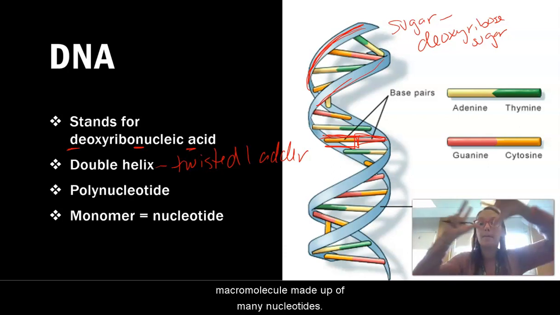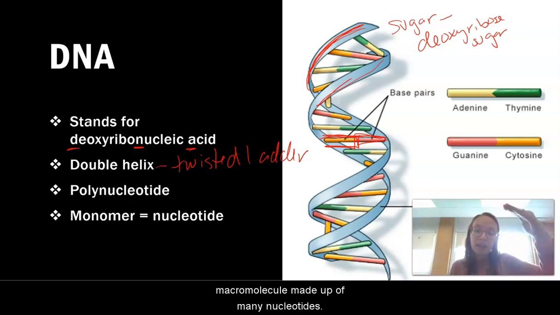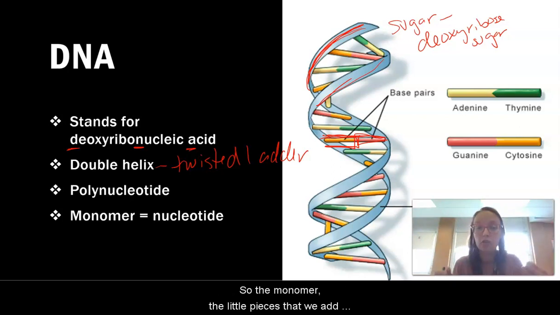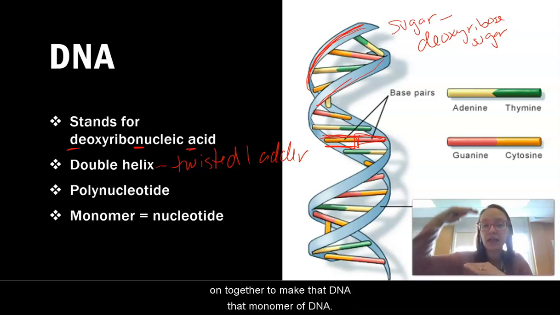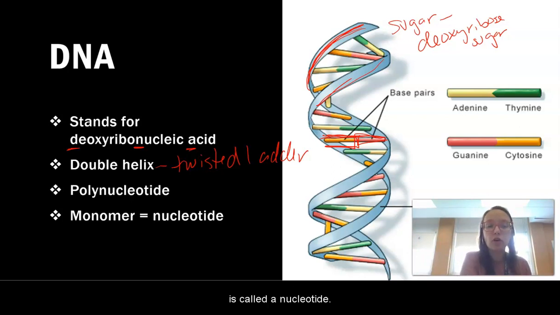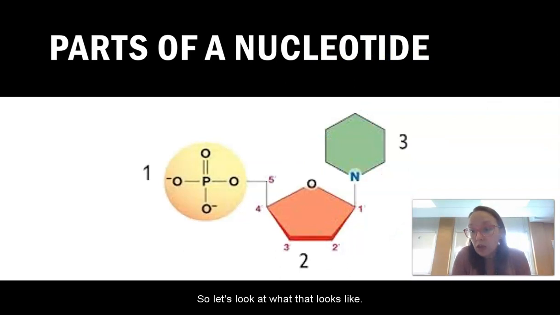So it is a macromolecule made up of many nucleotides. So the monomer, the little pieces that we add on together to make that DNA, that monomer of DNA is called a nucleotide. So let's look at what that looks like.